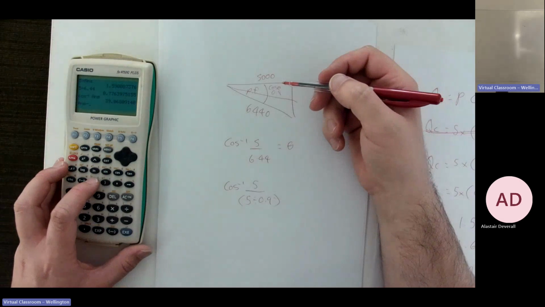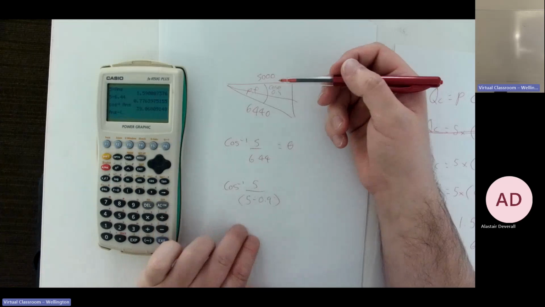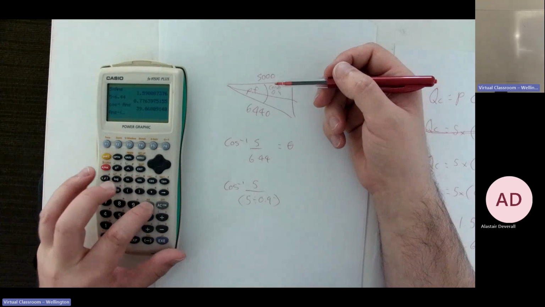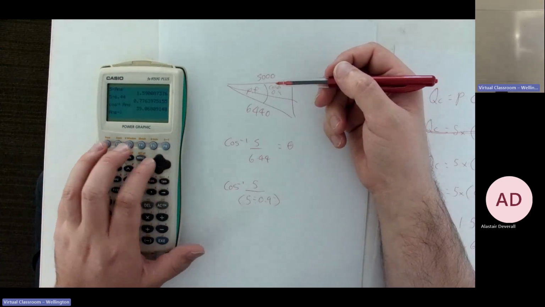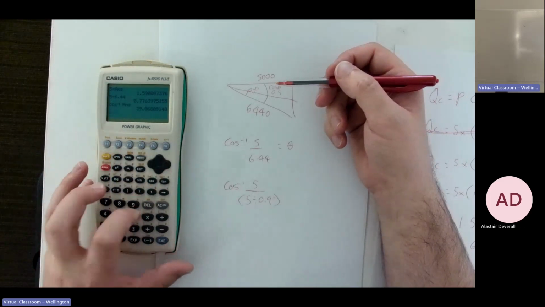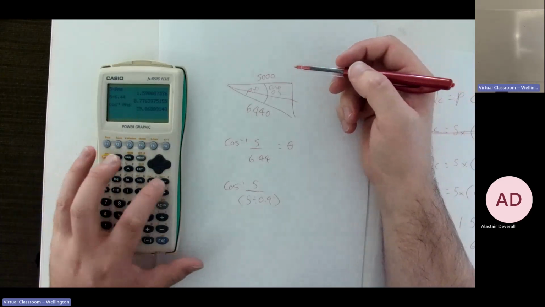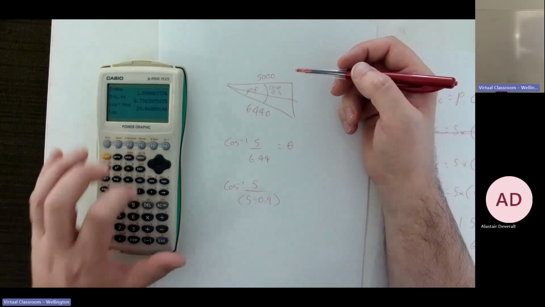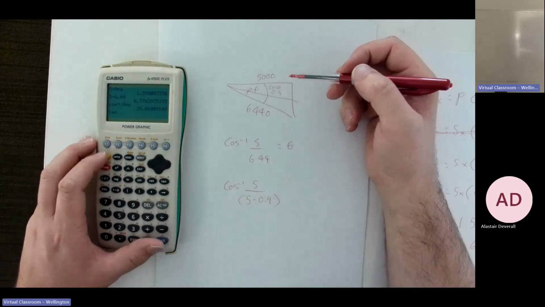So we have minus, close bracket, and we will end up with an answer. Tan, shift answer.